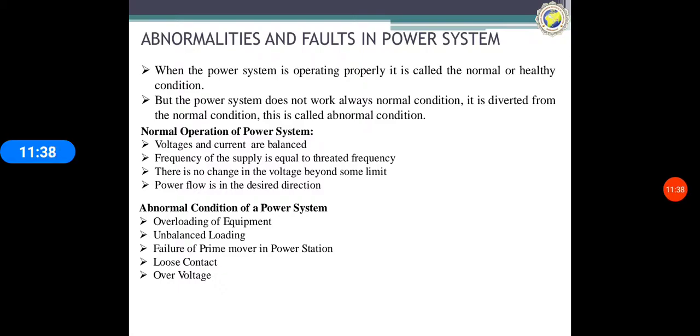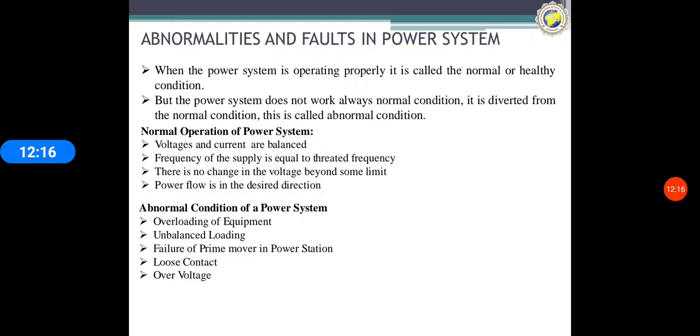Now the next one is failure of the prime mover in a power station. This is the most important part of the power system. The generator is driven by the prime mover in the generating stations. When the prime mover stops running for some reason, the generator is isolated from the bus bar, so the load on the other generators connected to the bus bar increases, which results in a decrease in the frequency of the system.